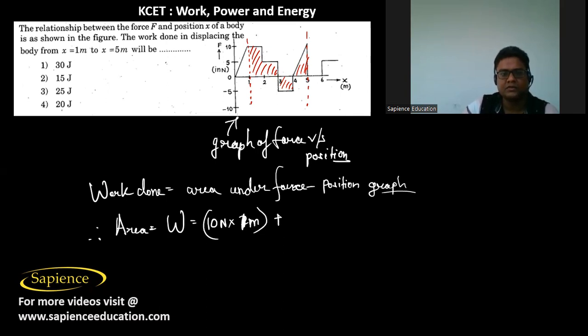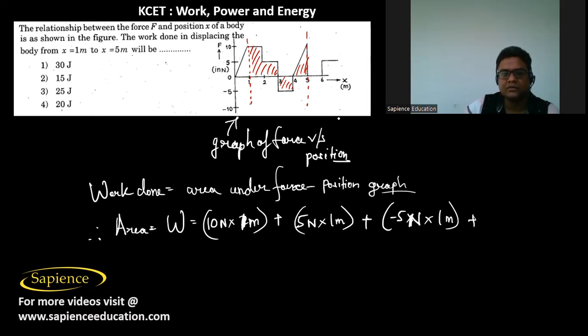Then plus from x equal to 2 to x equal to 3, again the length, that is the force, that is 5 Newton into the breadth, that is 1 meter from 2 to 3. And then here we have negative work done since the force is negative. So here from 3 to 4, the force is minus 5 Newton, and the displacement is 4 minus 3, that is 1 meter.